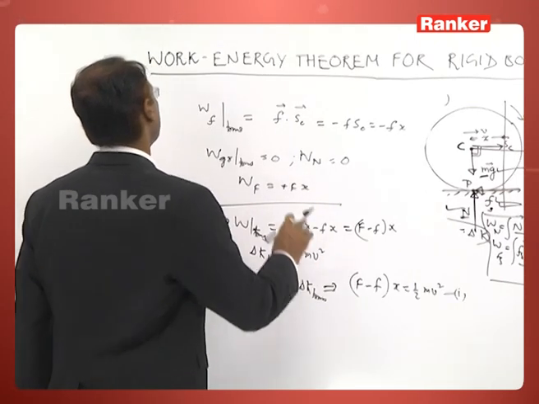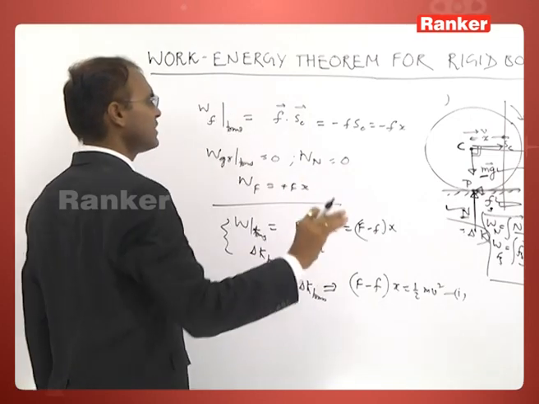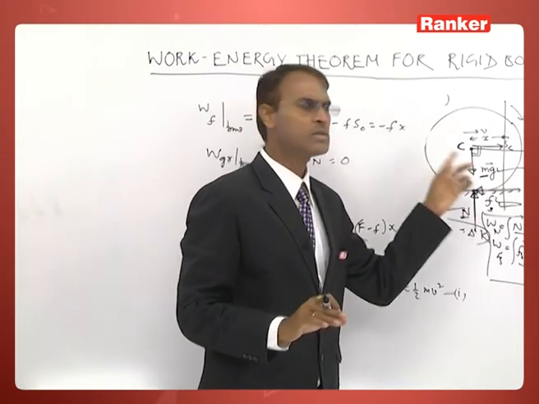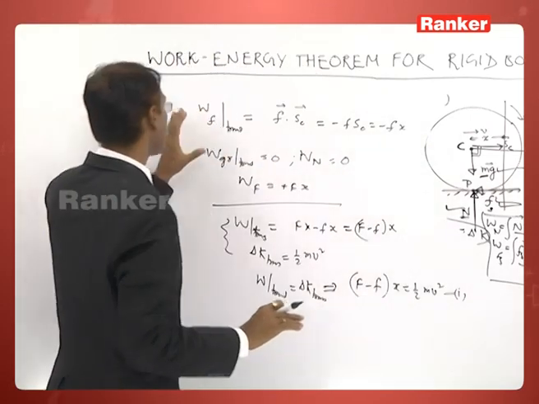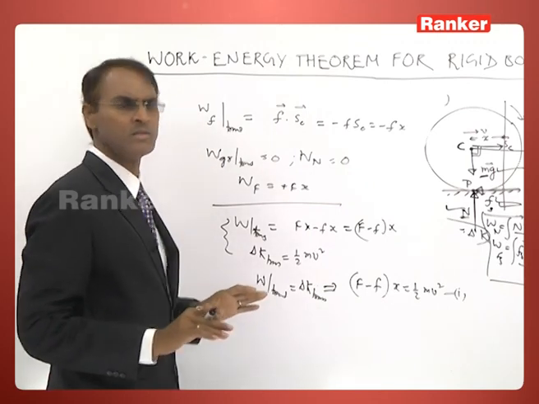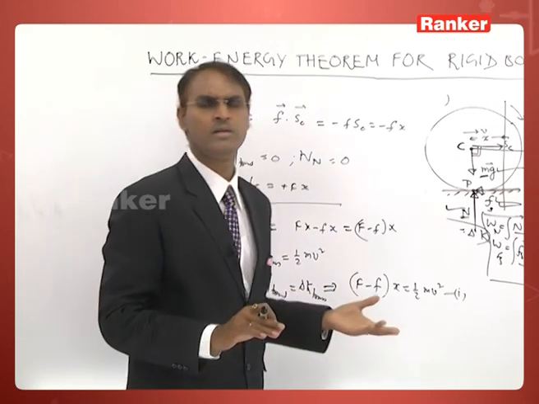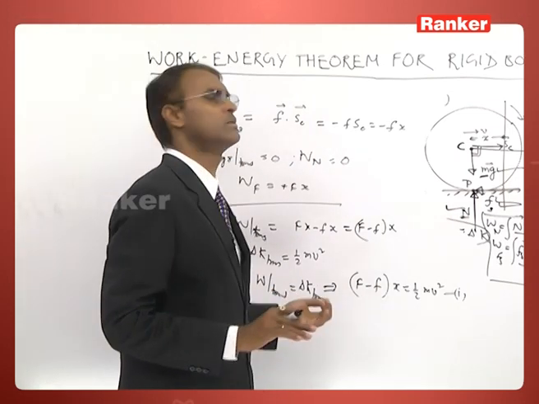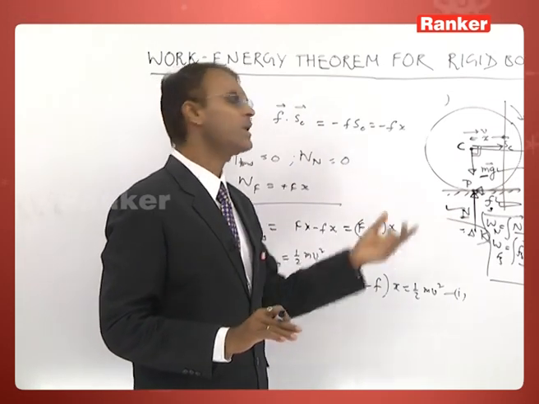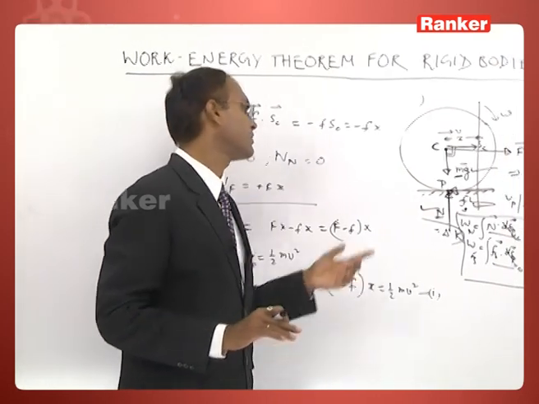Next, how do we apply the work energy theorem for rotation of the object? Let us calculate the work done by all forces to rotate the object, sum them up, and equate this quantity with the rotational kinetic energy change of the rigid body.